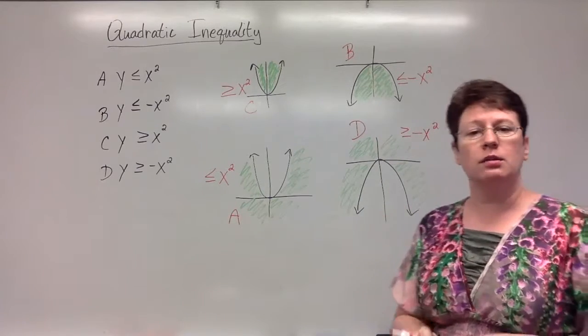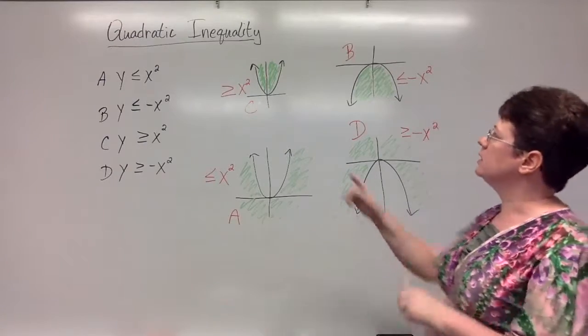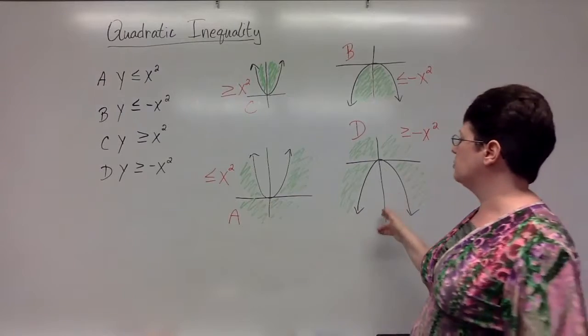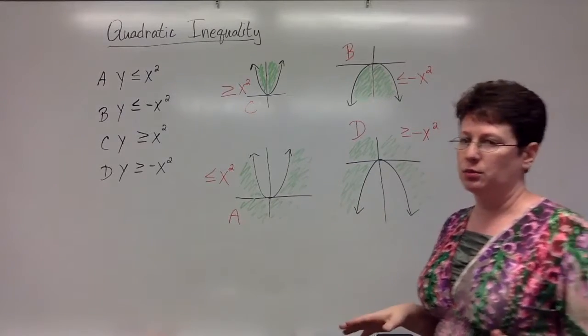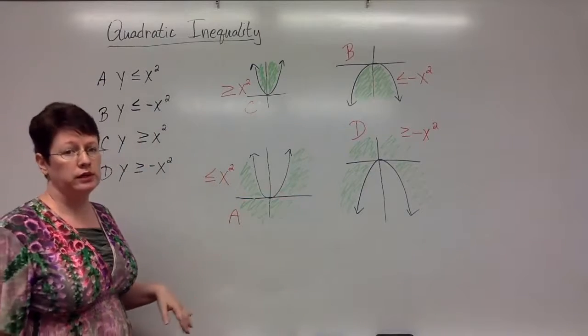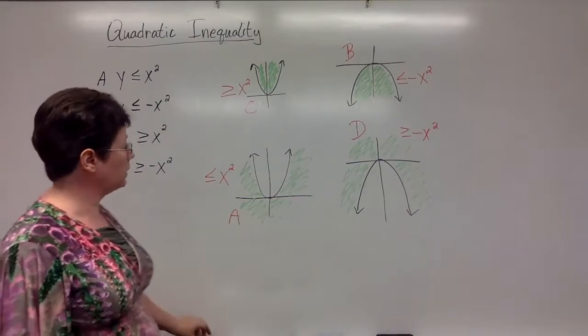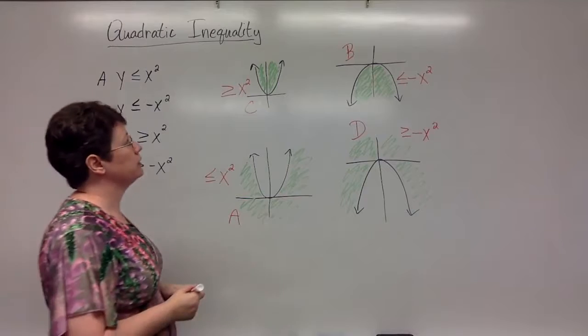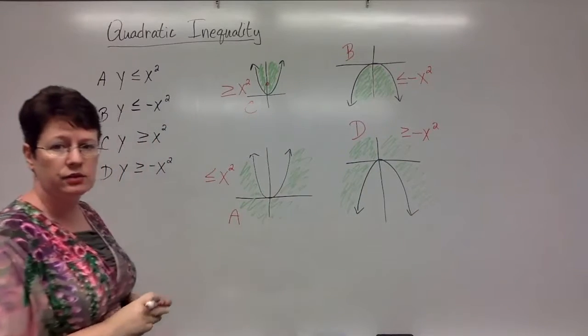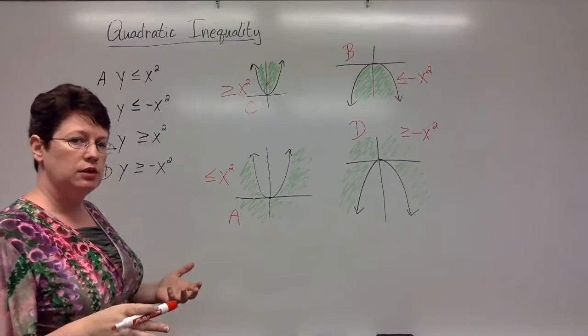Okay? Now some of you may be looking and saying, but the top 2, the shading's inside the parabola, and the bottom 2, the shading's outside the parabola. If you don't trust it, plug in a test point. Always plug in a test point. So if you pick the point up here on the axis, that's inside the shaded region, right?